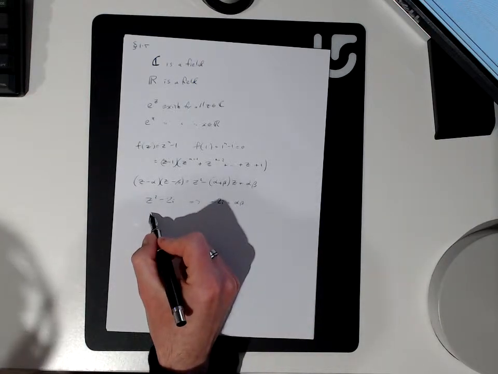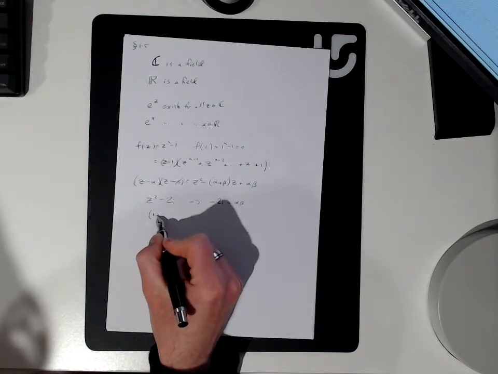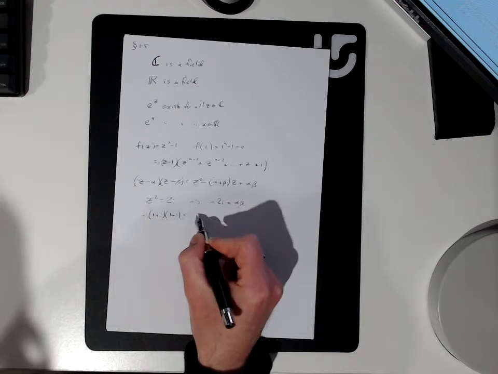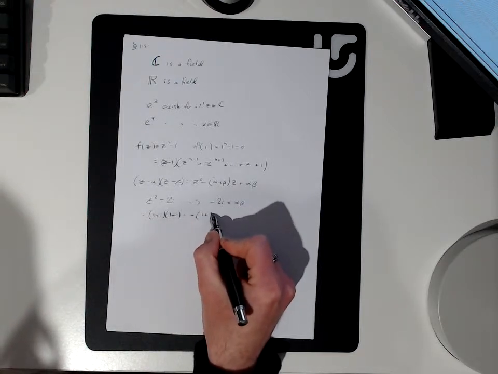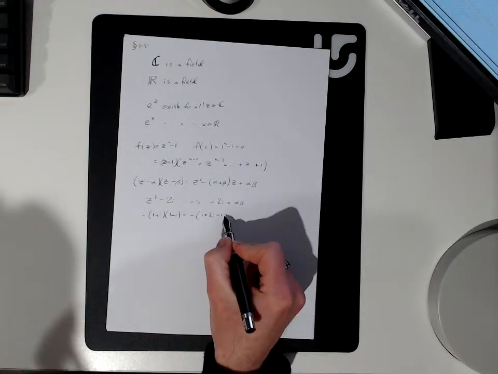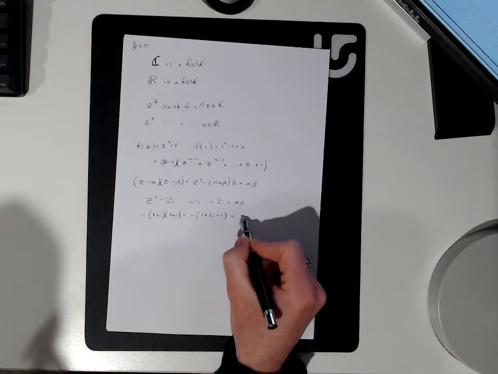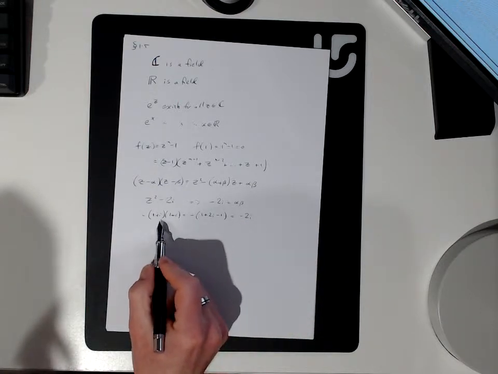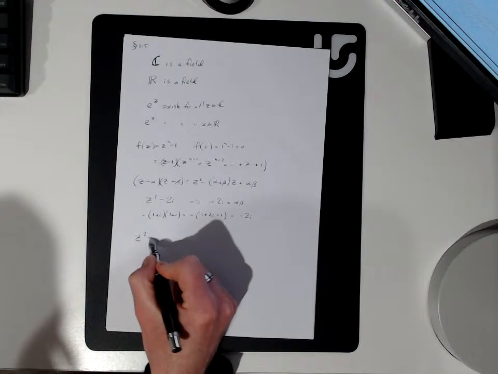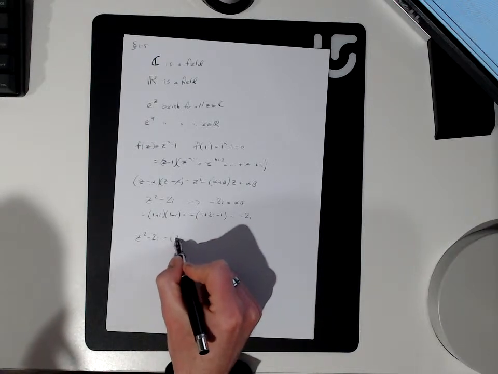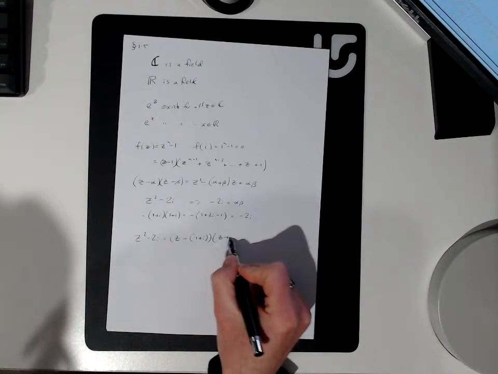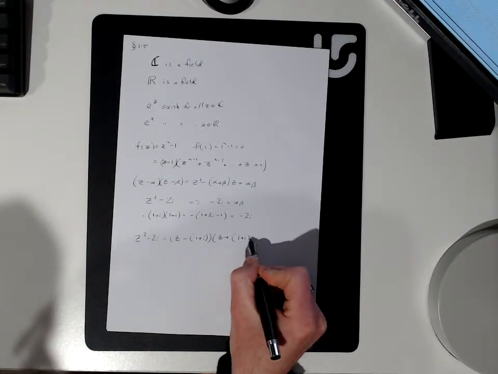And I just happen to have made a guess. (1 plus i) times (negative 1 plus i) is equal to minus 1 plus 2i. Then we have i times i, which is minus 1. The minus 1's cancel, and you get minus 2i. So one of alpha is one of these, and one of beta is one of those. So we can say that z squared minus 2i is equal to (z minus (1 plus i))(z plus (1 plus i)).